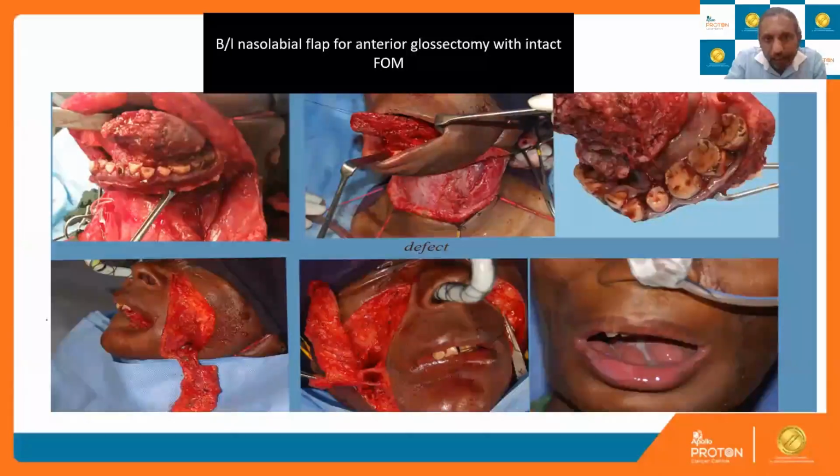Even an anterior glossectomy can be reconstructed with bilateral nasolabial flaps if you have an intact floor of mouth. If you have violated and taken the floor of mouth, then the bulk is not enough to keep the volume appropriate.